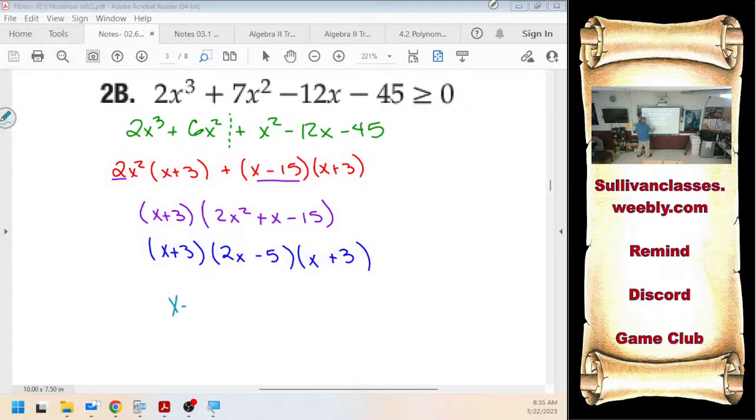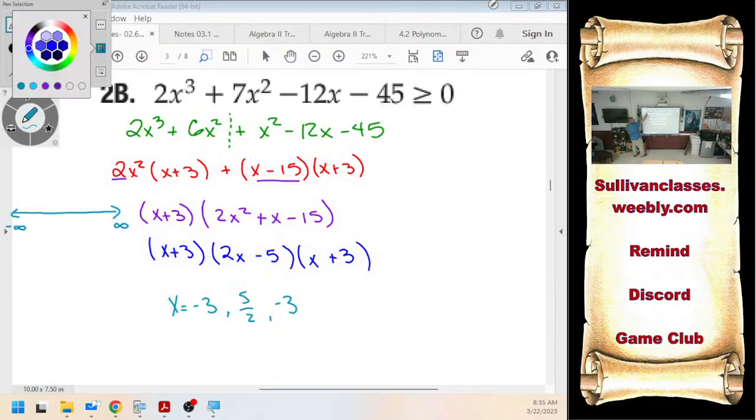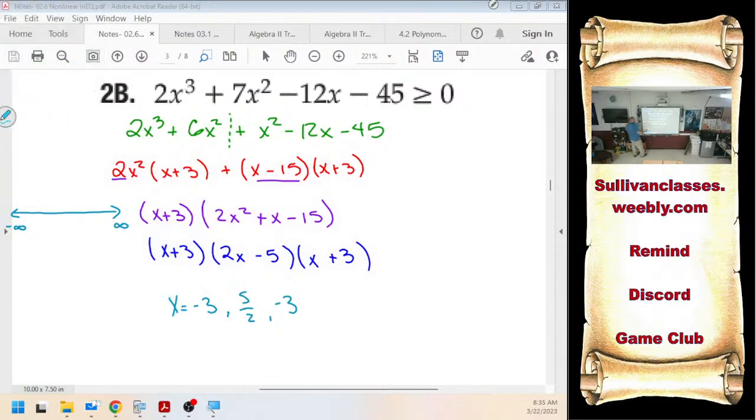So, x is negative 3, positive 5 halves, and negative 3 again, right? We know the behaviors of these zeros. So now we know that at negative 3, it's going to bounce off the axis, and at 5 halves, it'll go through like a line.